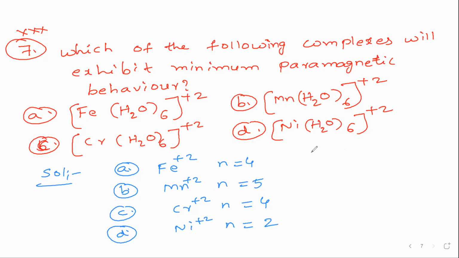Since nickel has 2 unpaired electrons, it is least paramagnetic. It will exhibit minimum paramagnetism.